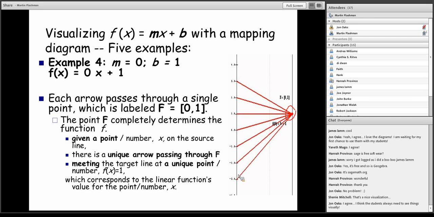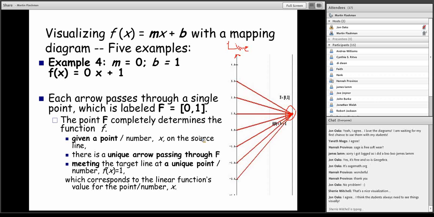And I usually think about the domain as time, and over here is position going up or down, and so as time goes forward, this position is staying the same. It's a constant position. And that's how that's visualized in the mapping diagram.